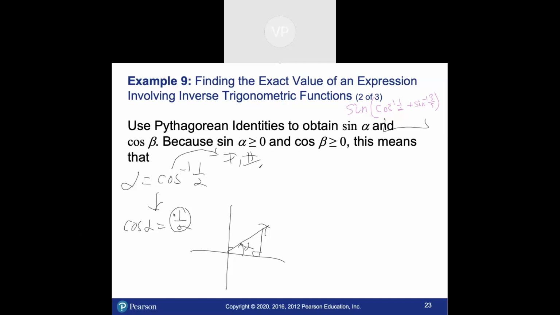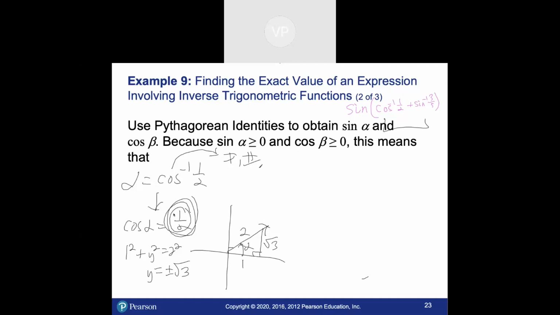Okay? So now, cosine is x over r, so there's my 1 and my 2 from this. We do the Pythagorean Theorem. We get y equals plus or minus root 3. 4 minus 1, 3. Square root that, we get a root 3. And because it's in the first quadrant, I go with the positive version.